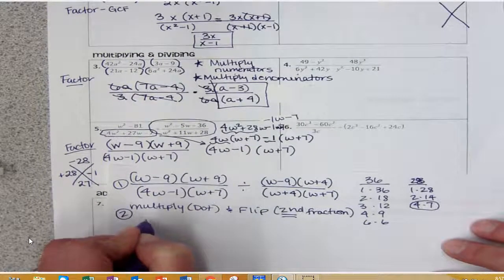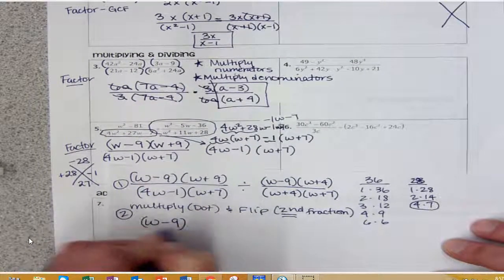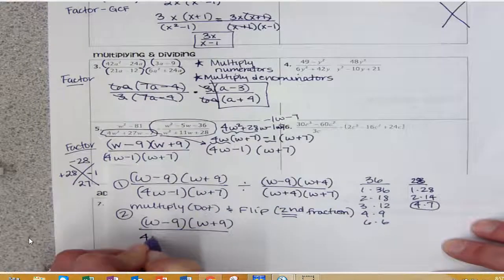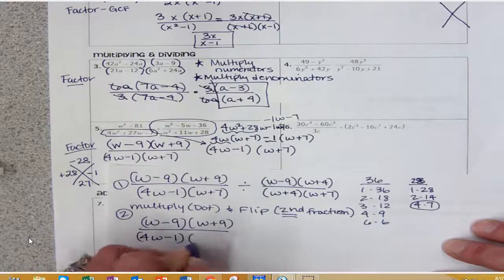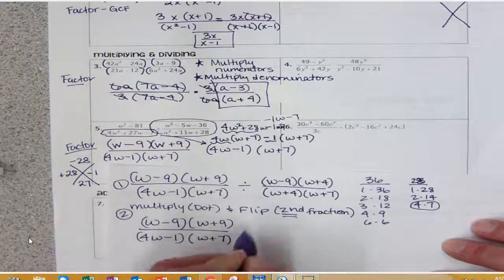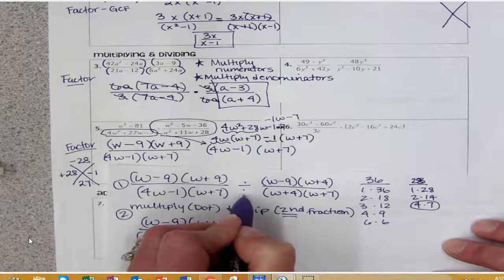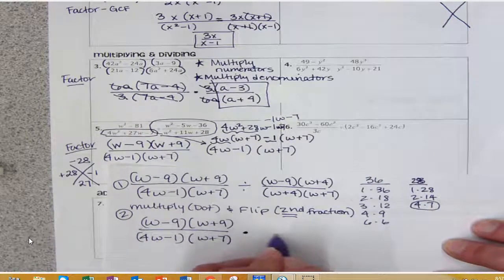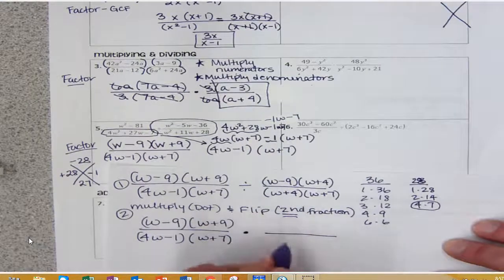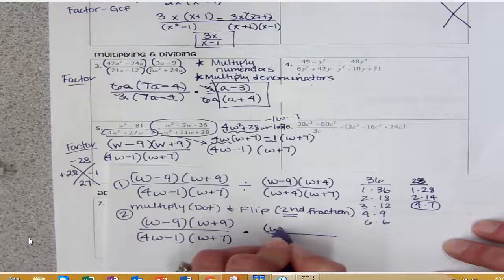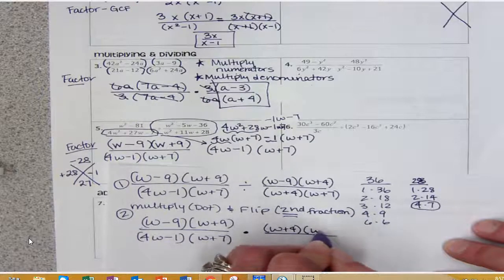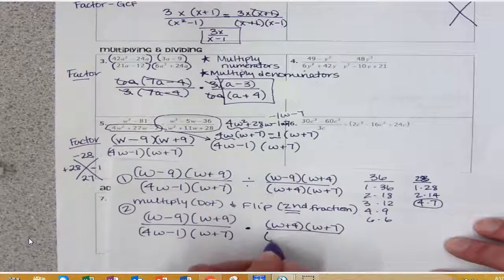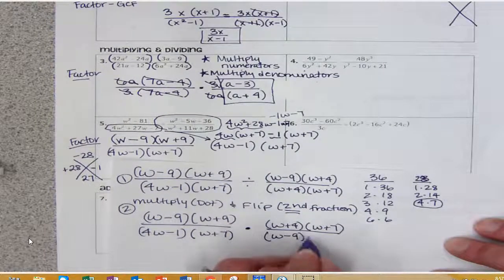So I'll change this to (w - 9)(w + 9) over (4w - 1)(w + 7). Now I'm going to change this division sign to a multiplication sign, my dot, and then flip this second fraction. So I'll get (w + 4) on the top, (w + 7). My denominator becomes my numerator, and my numerator becomes my denominator.